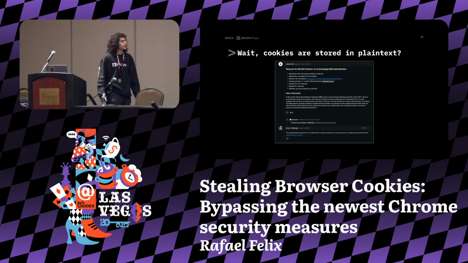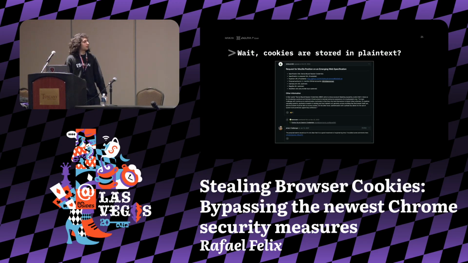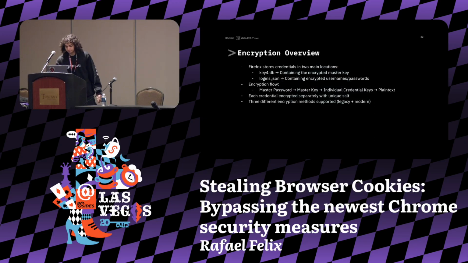Here's someone creating a request for the implementation of DBSC. And here we have Simon saying, the proposal seems sound, but it's not clear that it is a good investment of engineering time. So yeah, we have the cookies in plain text for Firefox for now.